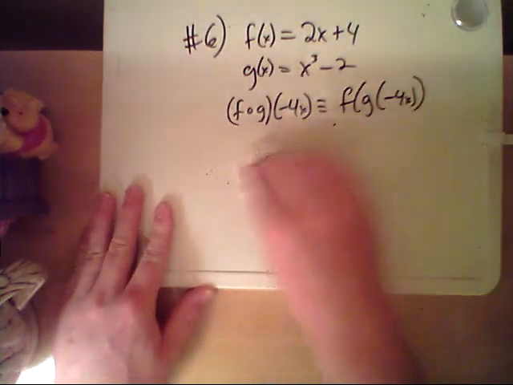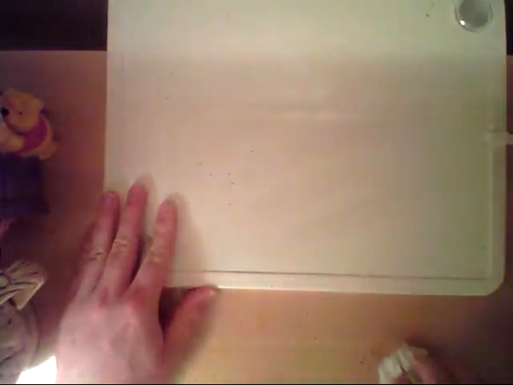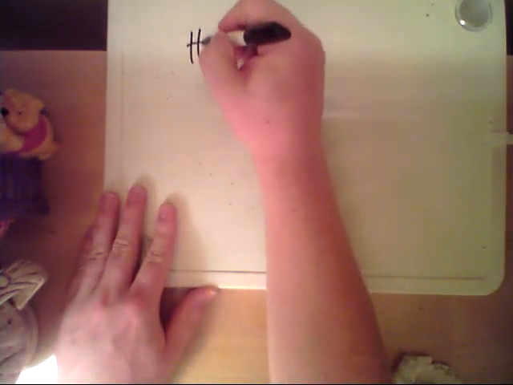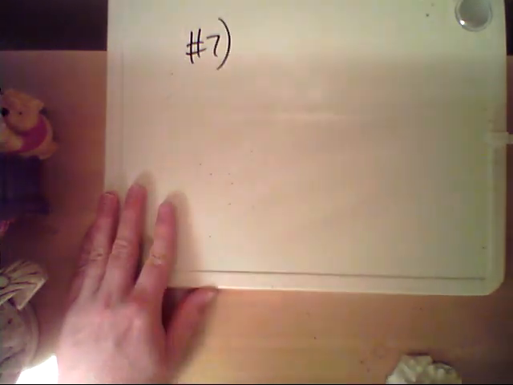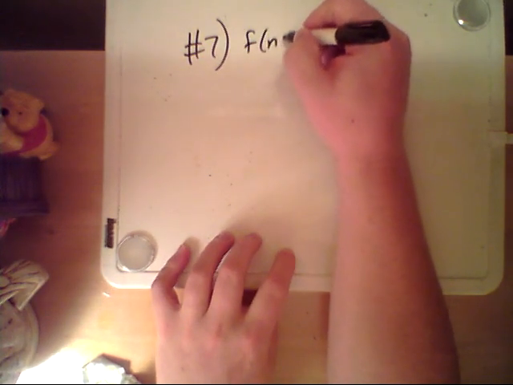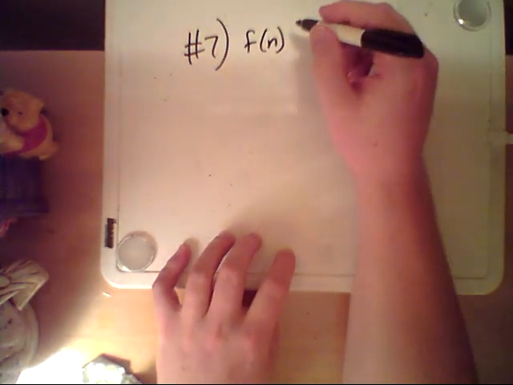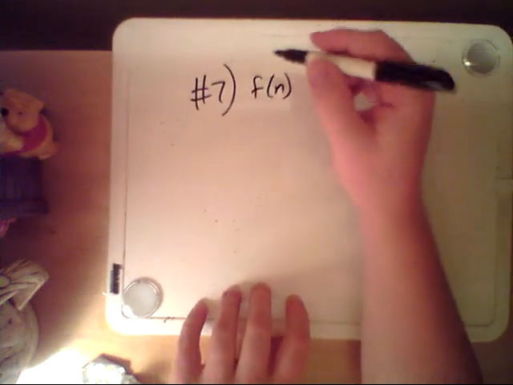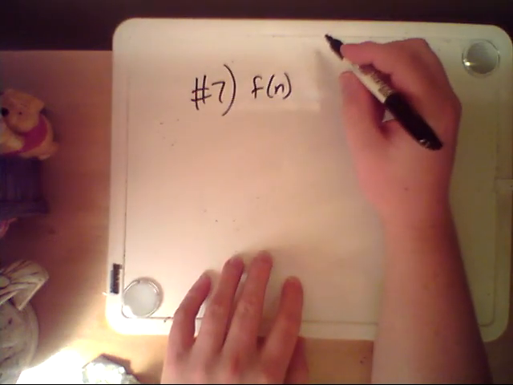Number 7. Lower the screen here. We've got f of n, let's see, f of n is defined as 2n minus 3.